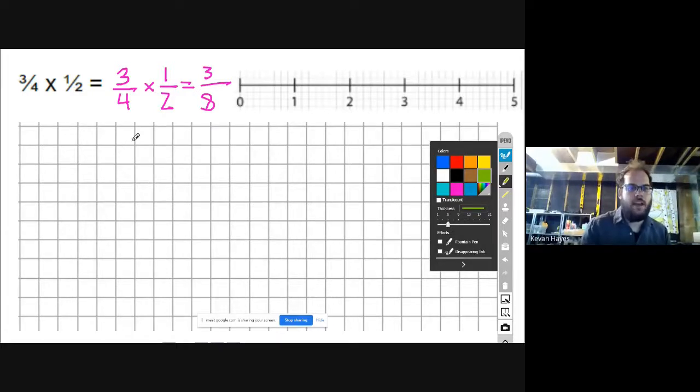We know that. What we're going to do is we're going to start up again in some corner somewhere, and we're going to trace out a shape that's 3/4 by 1/2. Now, before I start, I'm going to trace out a reference square that's 1 by 1, noting that both of these factors are less than 1, right?